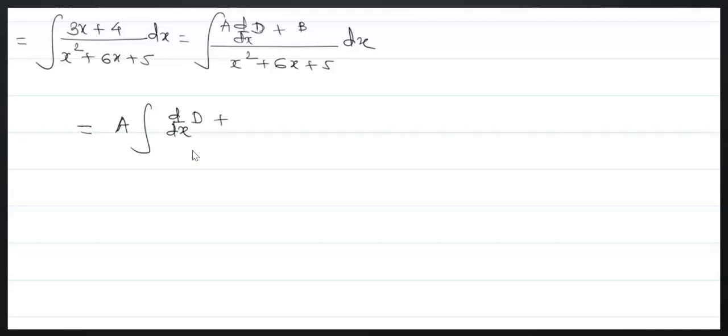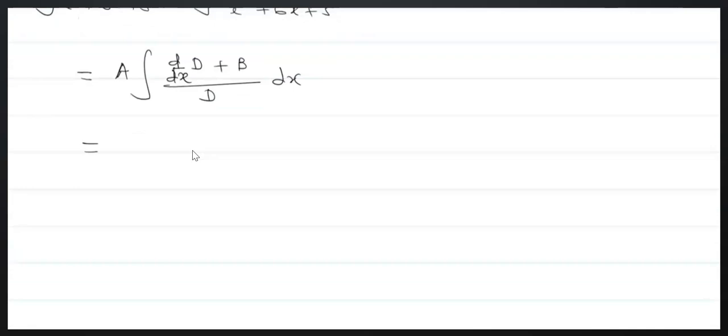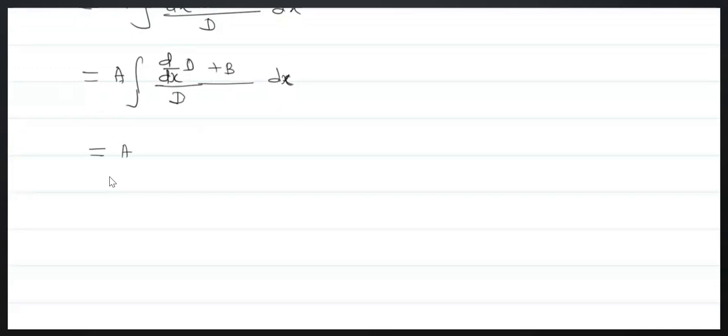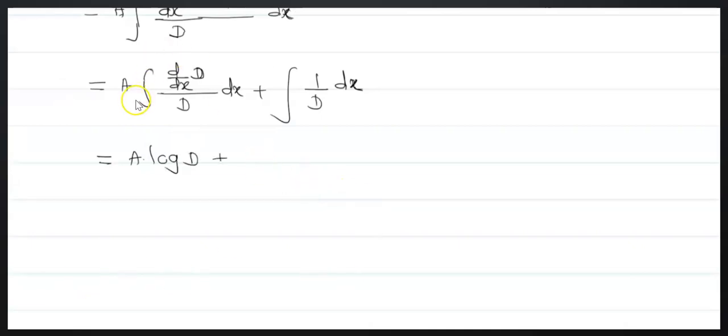Instead of writing again that same polynomial, we can express this also in symbolic form, that is a into the integral of d/dx of d upon d, and we separate it.